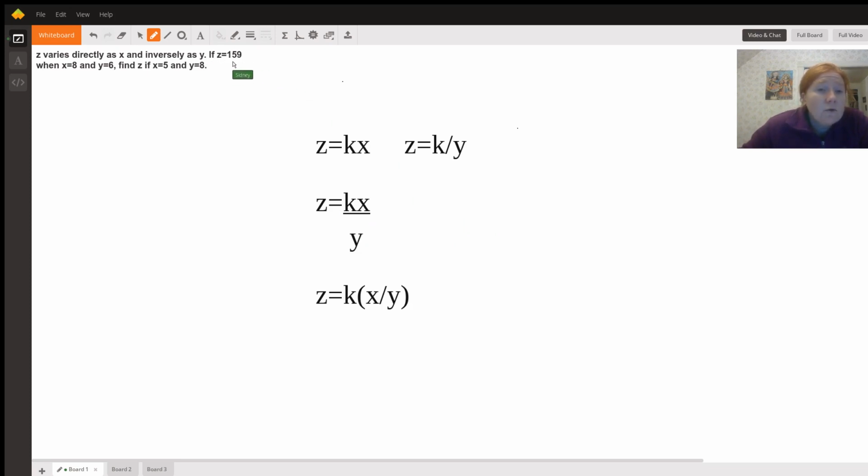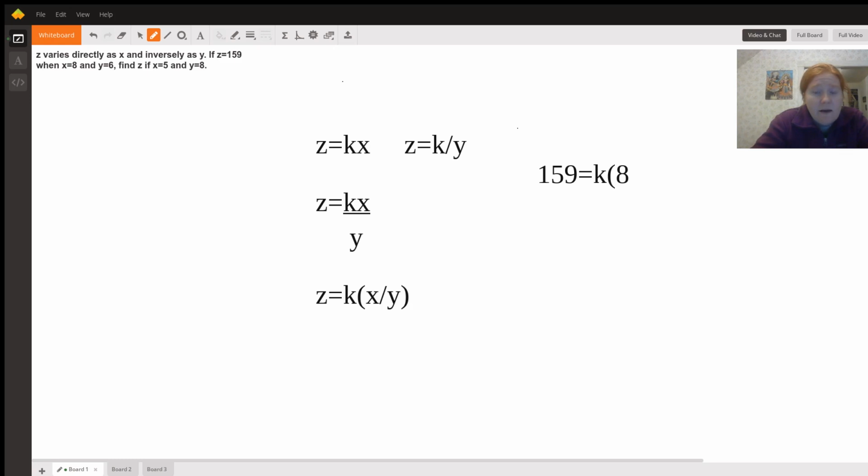If Z equals 159, we just have to start plugging these numbers in. Actually, let me put this to the side here. I'm just going to plug in 159 for Z, equals K. We don't know what K is, we don't know what our constant is, but we know what X is.